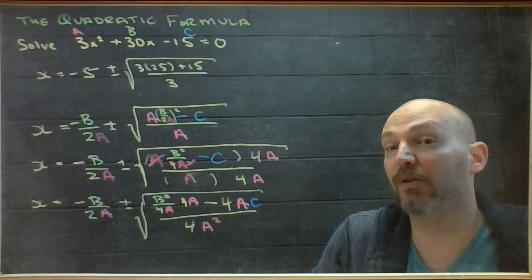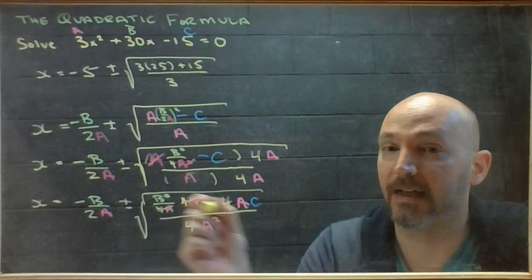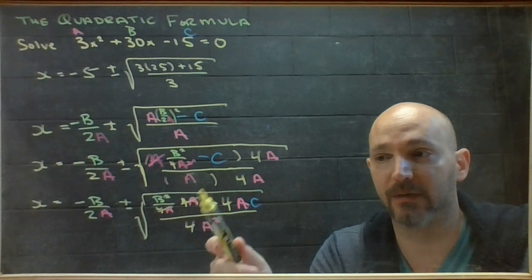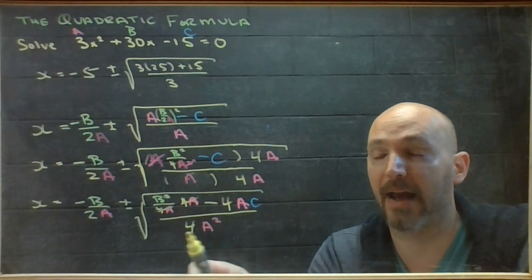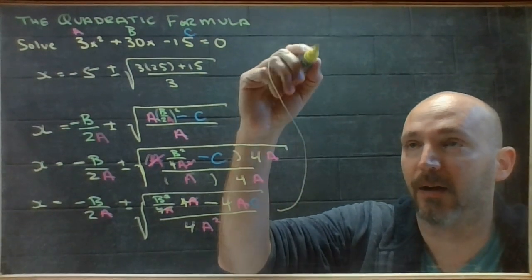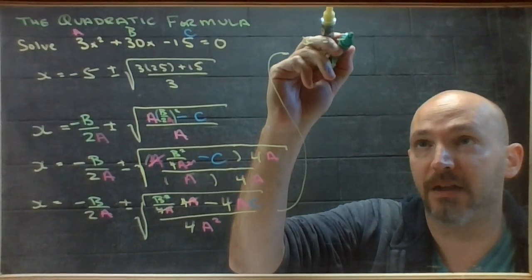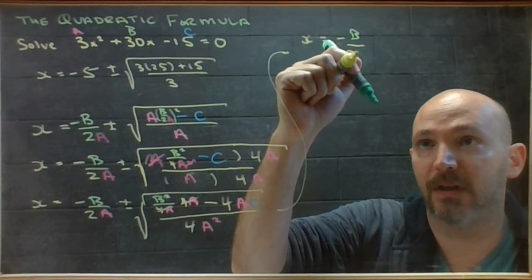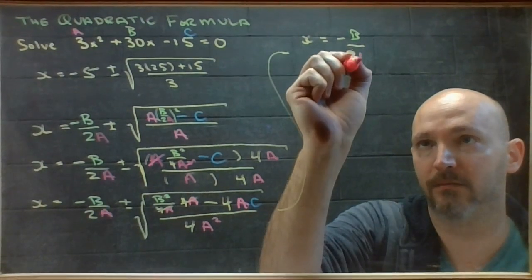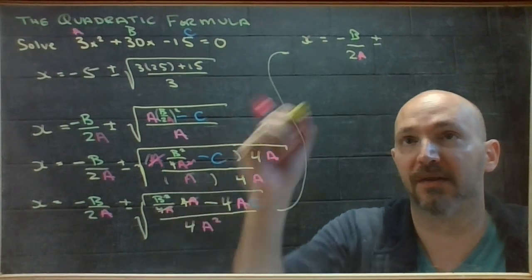And you say, this doesn't look better yet. And you are right. One of your exponent laws allows you to apply a radical separately to the numerator and the denominator of a fraction. So if I do that, I will end up with x equals minus b over 2a plus or minus the square root.